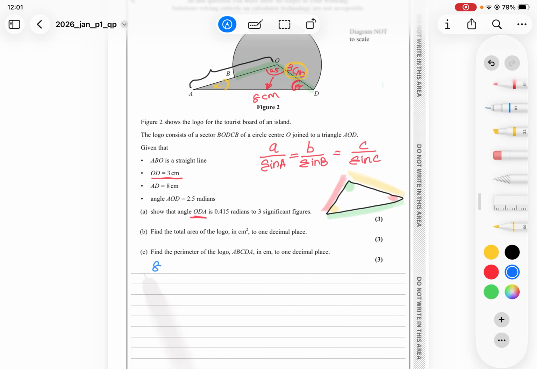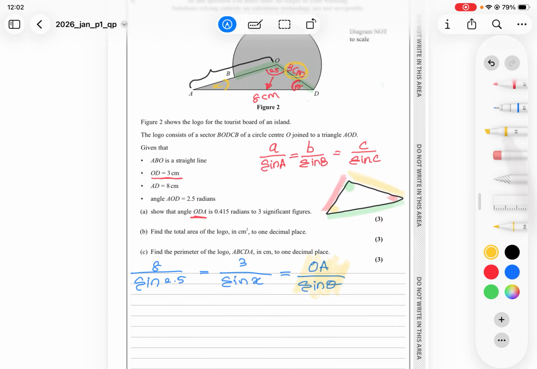It's 8 divided by sine 2.5 equals 3 divided by sine x equals OA divided by sine theta. In this part we don't know the side, so it would have 2 unknowns, and we can't go with this attempt.